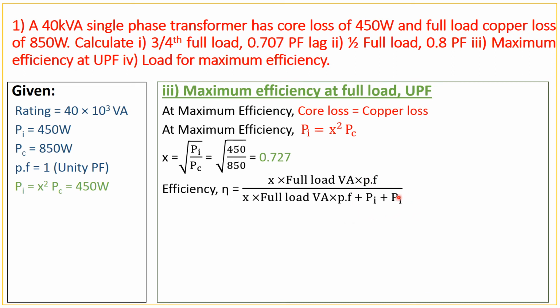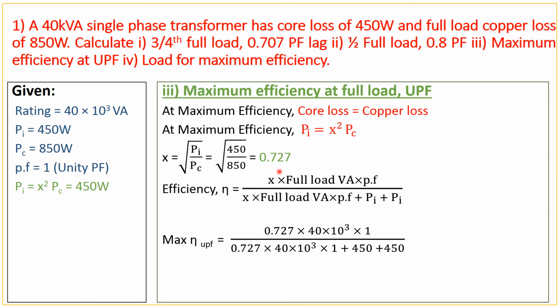So now what is the only change in the formula? Now x square Pc will be equal to Pi. So I am replacing x square Pc by Pi, and x is now 0.727. Substitute here. Full load VA is 40 into 10 to the power 3. Power factor, why I have taken this as 1?